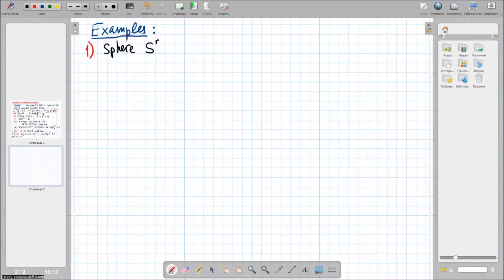say of dimension n-1, which can be defined as the set of points or vectors in an n-dimensional vector space, or affine space if you like, this doesn't matter, satisfying a quadratic equation, say in the standard form, x1 squared plus etc. plus xn squared equals 1.